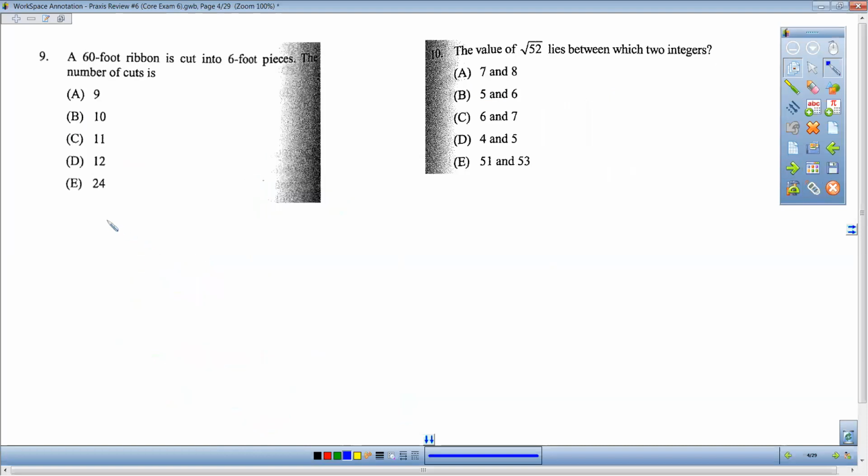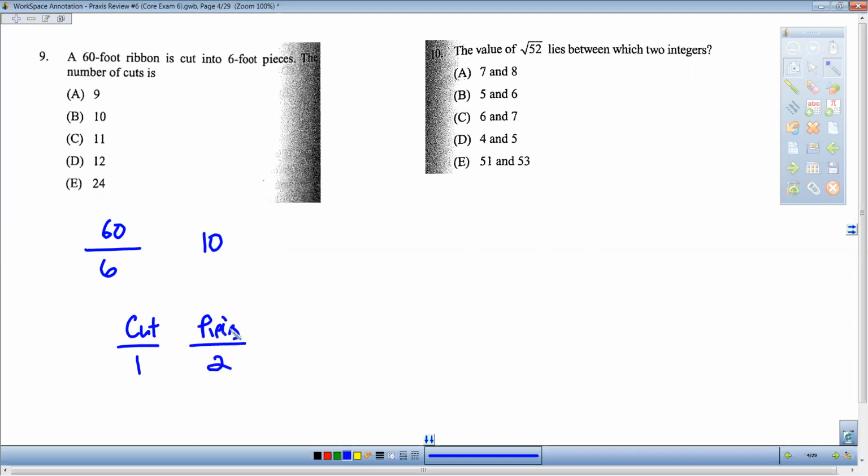Number 9, you got a 60-foot ribbon, and if you cut it into 6-foot pieces, you're going to have 10 pieces. And so if you think about every time you cut, if you had one cut, you're going to end up with 2 pieces.